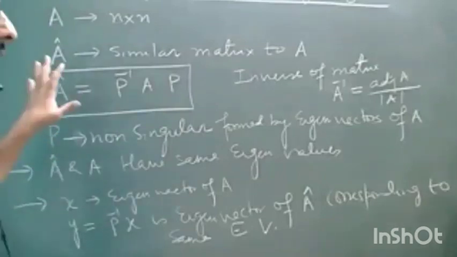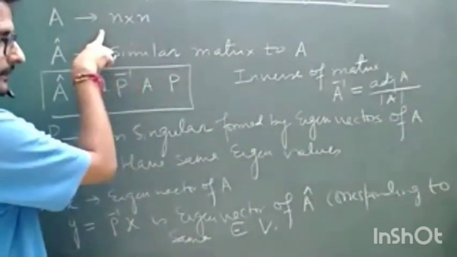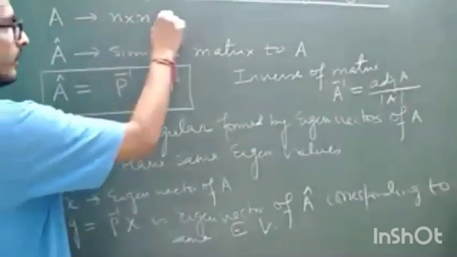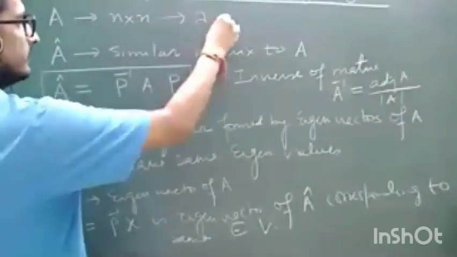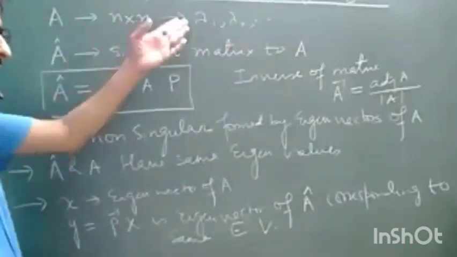So how to write this similarity transformation or diagonalization? You have A, please see this. You will write the eigenvalues, correct? This you know.